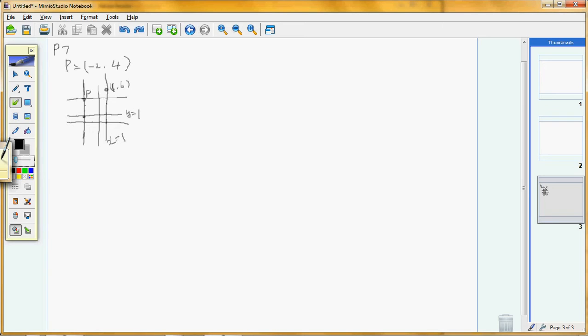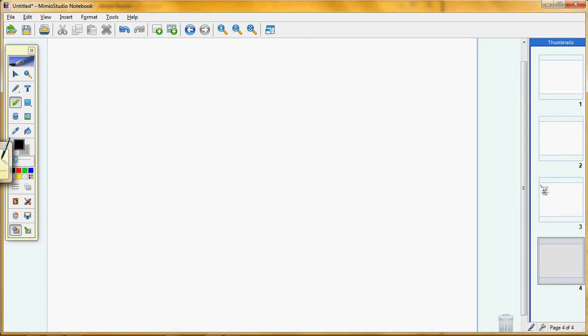Problem 8. Let's move on to the next one. Use your equation from exercise 7 to determine whether each of the following points is on R, S, neither R nor S, or on both R and S. As we learned, if a point satisfies the equation, then it's going to be on that line.